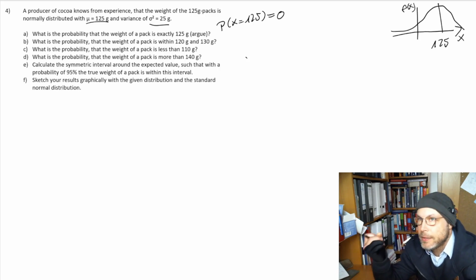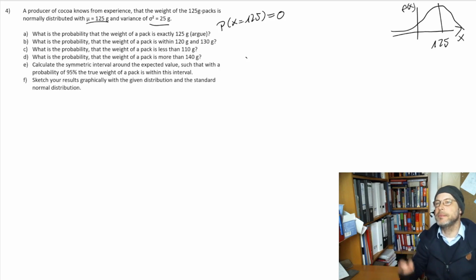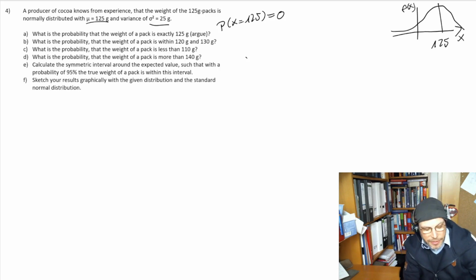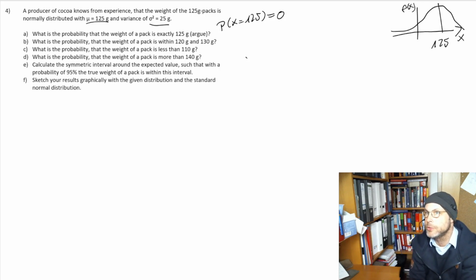But a probability of 0 doesn't mean that this event doesn't exist. This is just the difference between discrete random distributions and continuous random distributions. In a discrete random distribution, you really have a finite probability, and here the probability is 0, but this doesn't mean that there exist no packages with 125 grams.